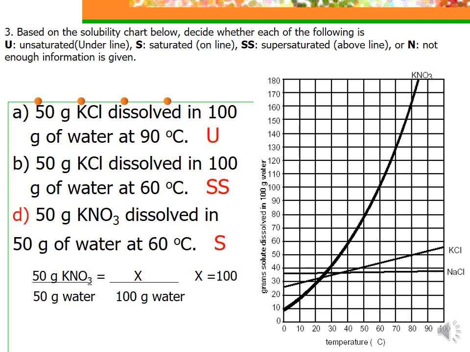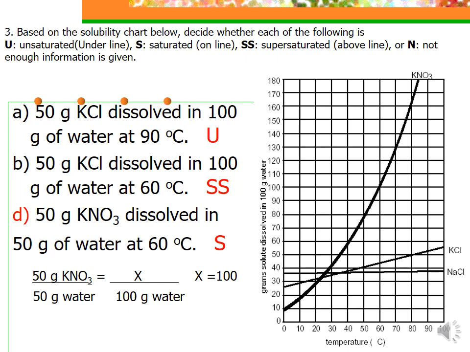If we have 50 grams of KNO3 dissolved in 50 grams of water at 60 degrees Celsius, here's 60, and notice it hits this line at 100. But here's the problem. If you look at the side of the graph here, it says grams solute dissolved in 100 grams of water. Well, we're saying we only have 50 grams of water.